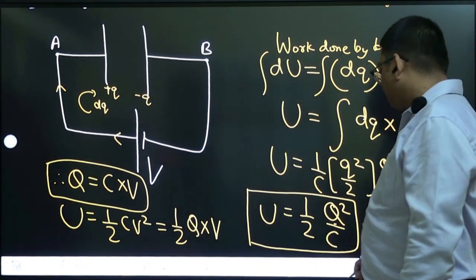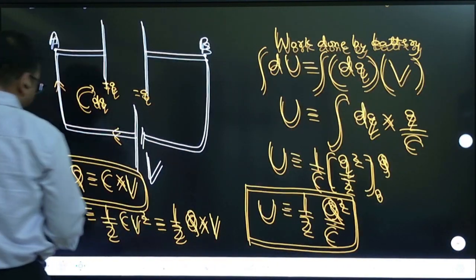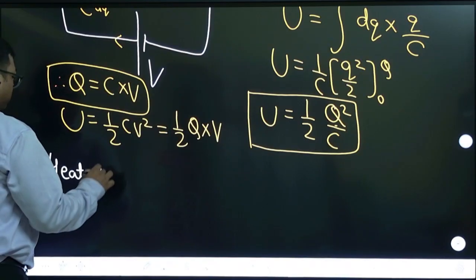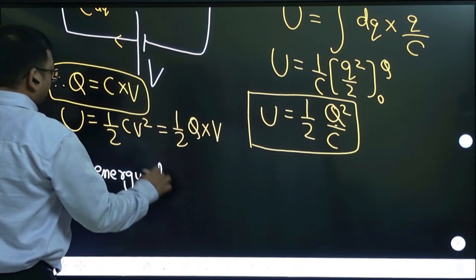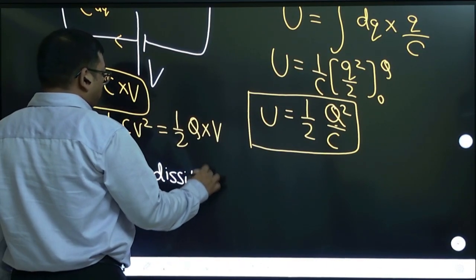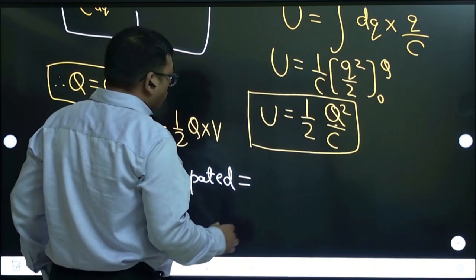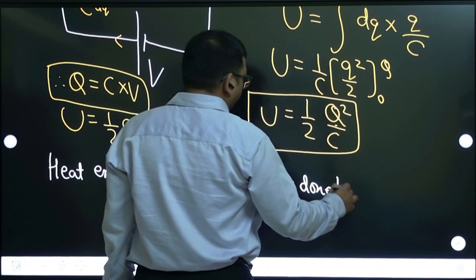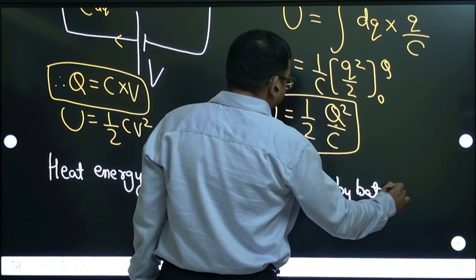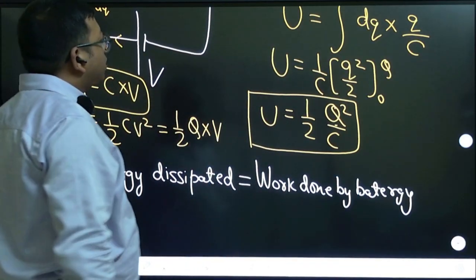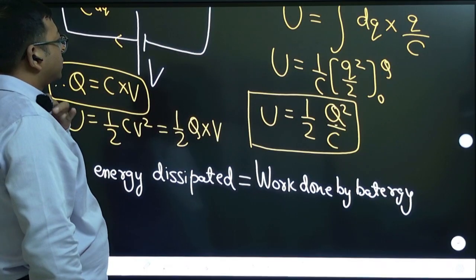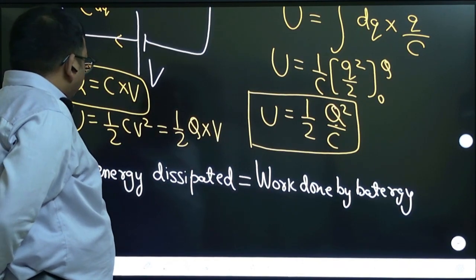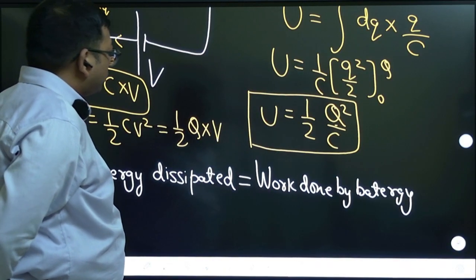So the heat energy dissipated is calculated as equal to the work done by the battery, that is of course loss of heat.